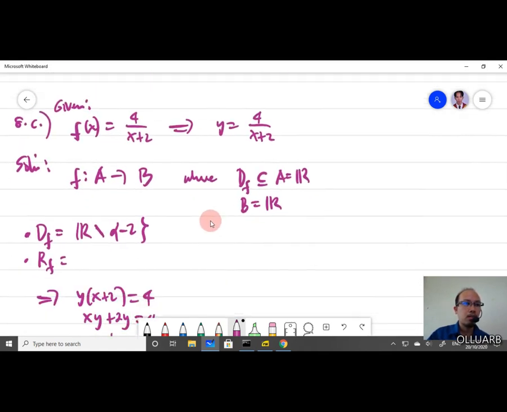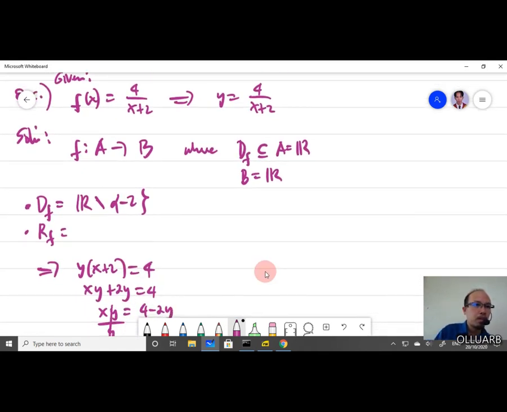So the range is the set of all real numbers except 0. So as you can see here, the codomain is not equal to the range, so therefore this is not onto. So since this is not onto, the inverse of this function does not exist.